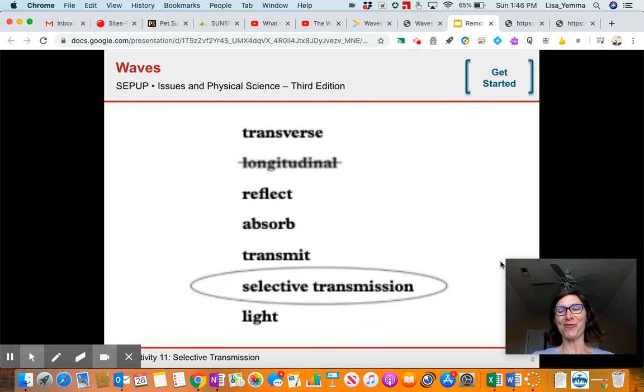So there is our overarching theme. And then within selective transmission, we're going to look at the transverse wave, which is a light wave, electromagnetic, got those. And then how does it transmit energy? And what about absorption and reflection?